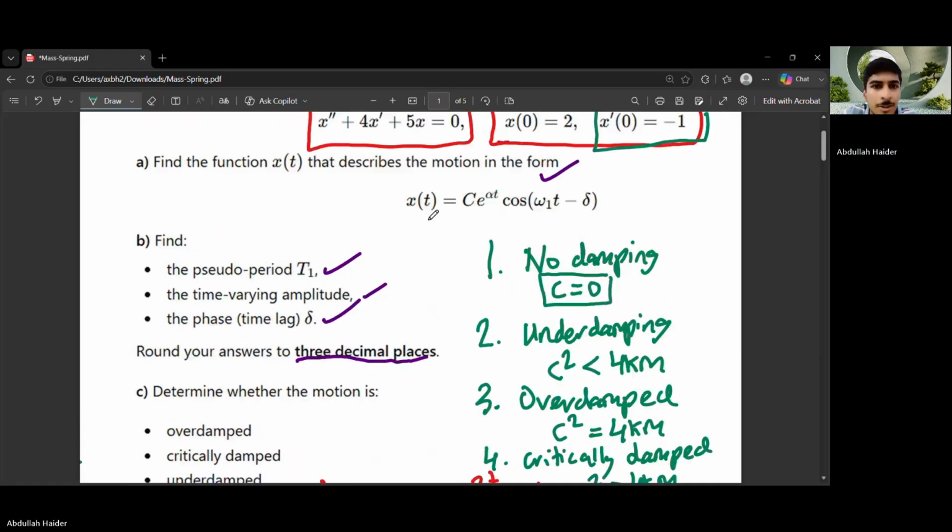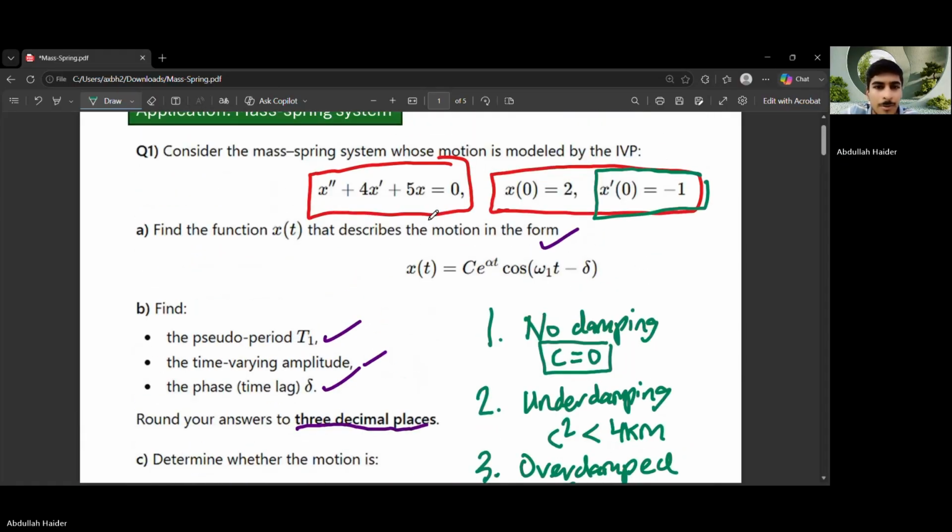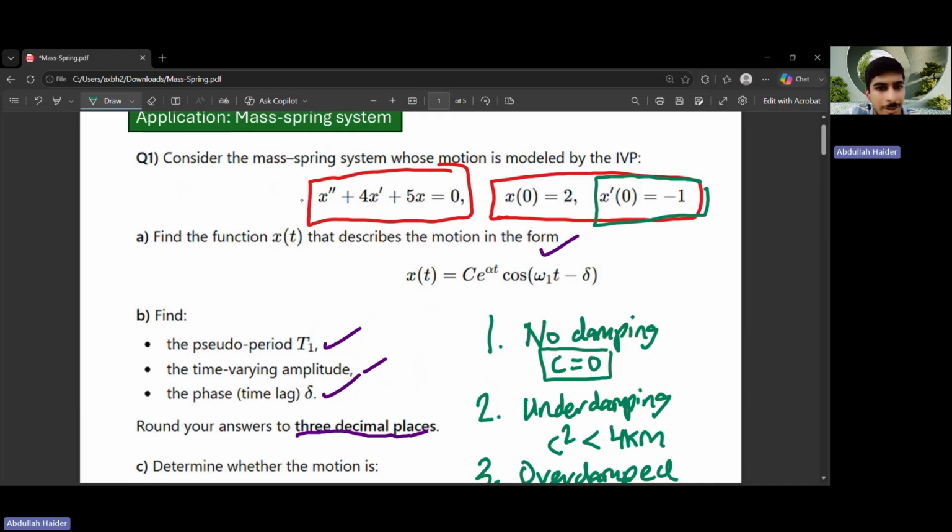All right. So we know that this was written in the form of mx double prime plus cx prime plus kx is equal to 0 in this question. So our m is equal to 1, our c is equal to 4, and our k is equal to 5.